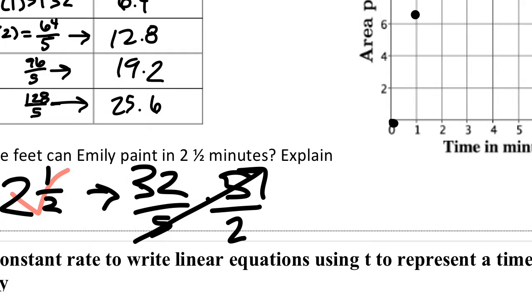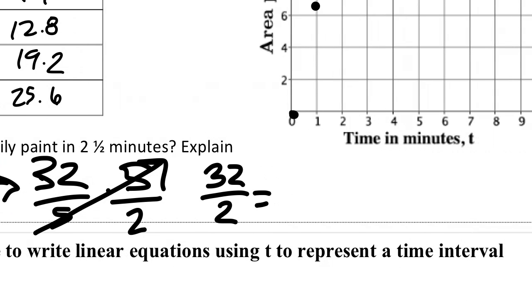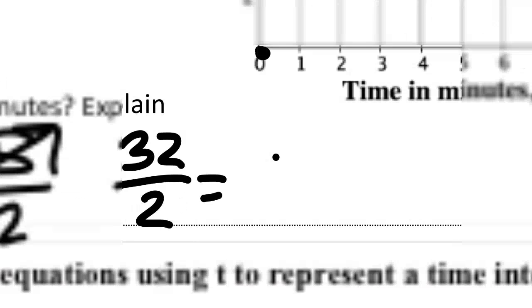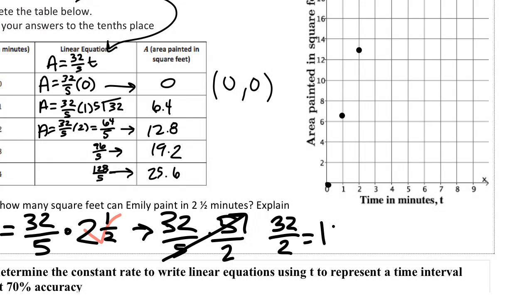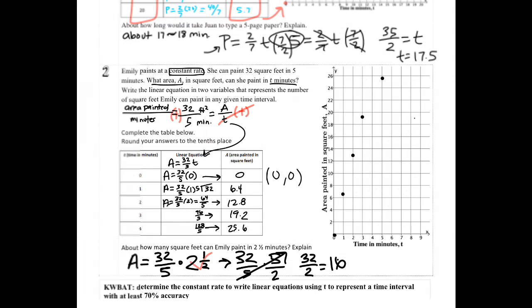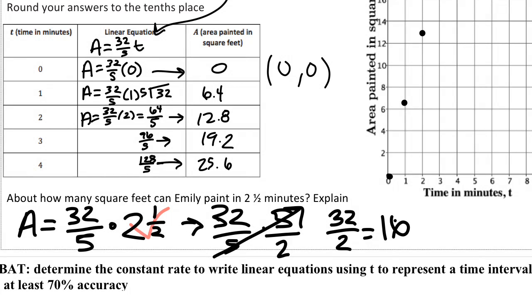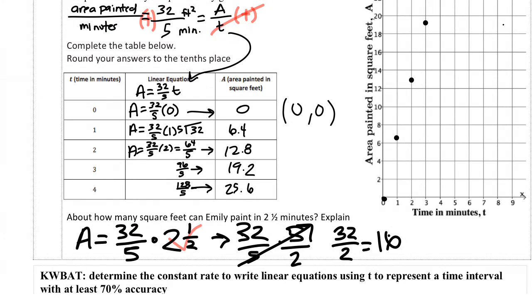We get left with 32 over 2, which we should know is 16. Okay, so this lets me know that she should be able to paint about 16 square feet in 2.5 minutes, which kind of makes sense because 2.5 minutes is between 2 and 3, right? And 16 happens to be between 12 and 19. So it kind of makes sense.